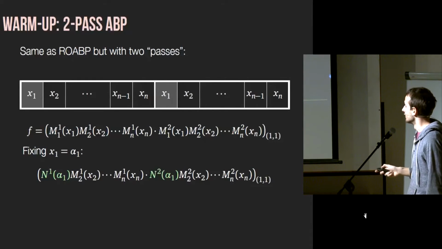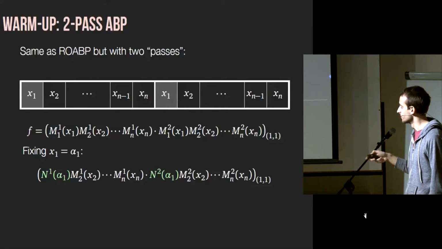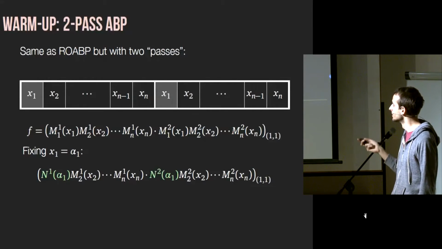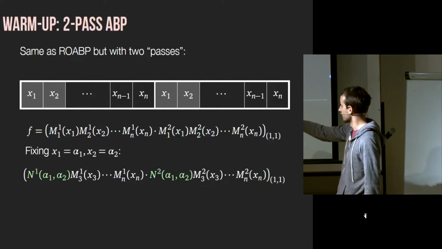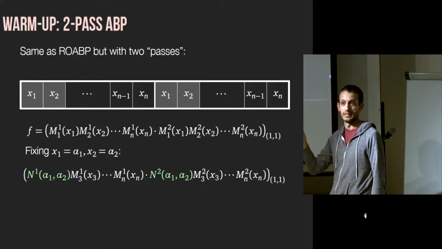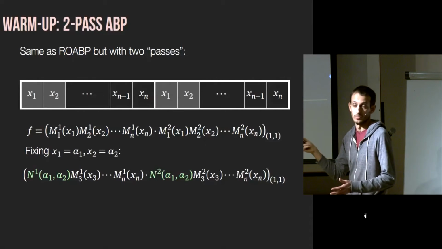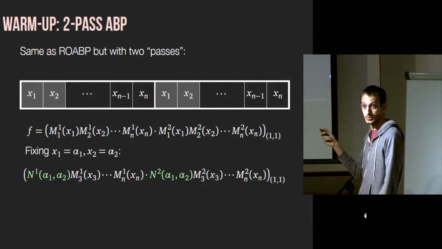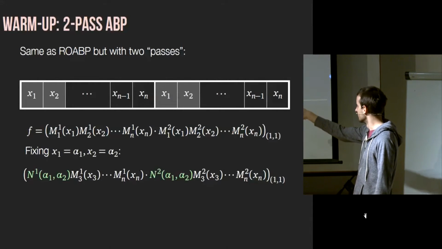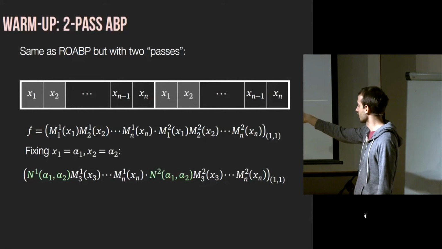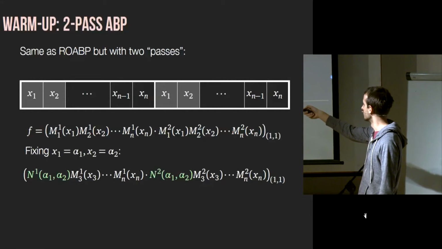Now let's think what happens when you further fix x2 to alpha 2. Again, you have these constant matrices. N1 is a matrix of field elements. It depends on alpha 1 and alpha 2, but it's just a W cross W matrix of field elements. And again, now you multiply by the matrices of x3 to xn and so on, and then N2 of alpha 1, alpha 2.